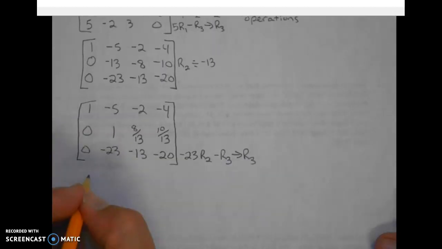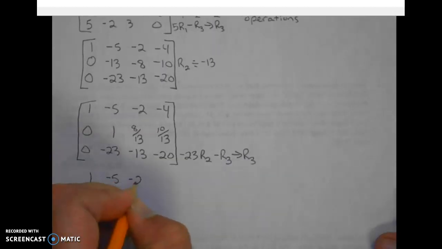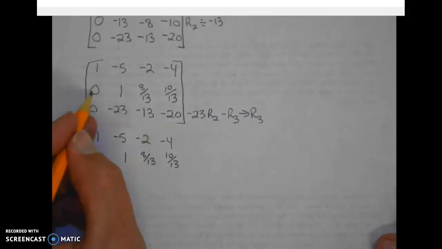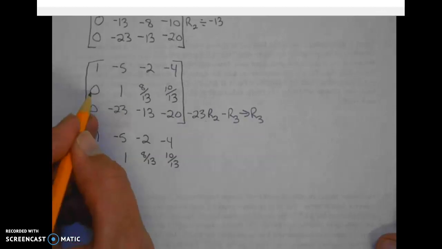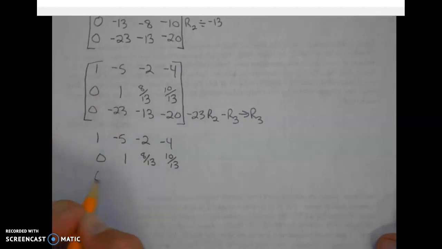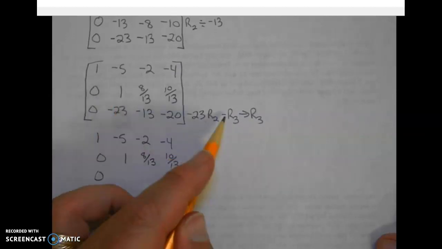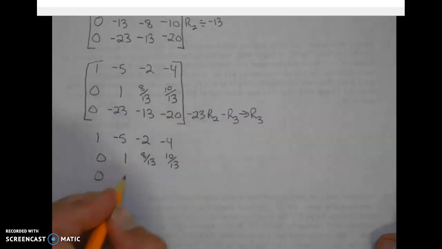So the first row stays the same. Second row stays the same. And doing the math, negative 23 times 0 is 0, minus 0 is 0. Negative 23 times 1 is negative 23, minus negative 23 is 0.